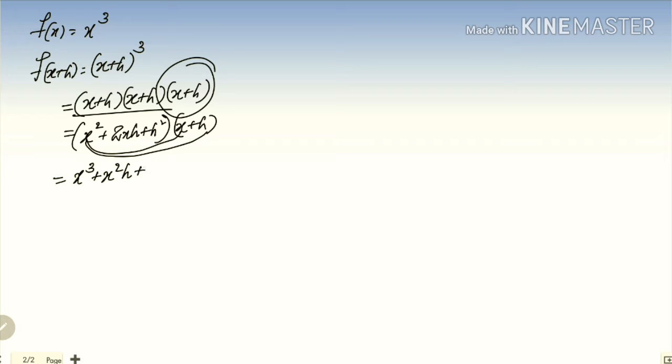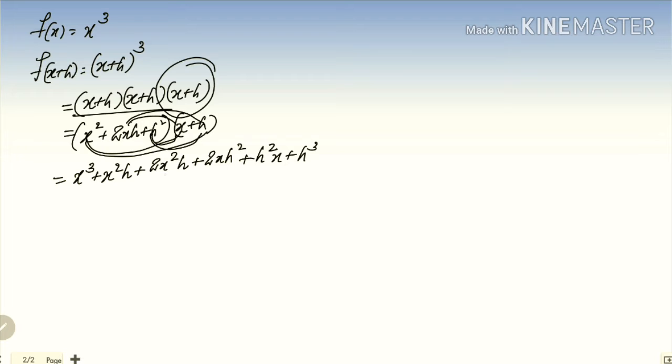Same for 2xh: it's going to be 2x square h plus 2xh square. One more term left, h square: it's going to be h square x plus h cube.